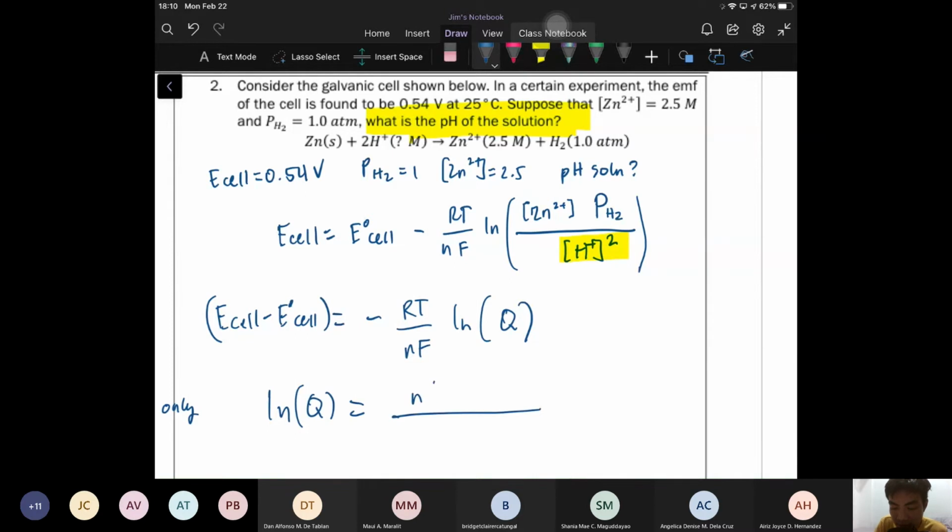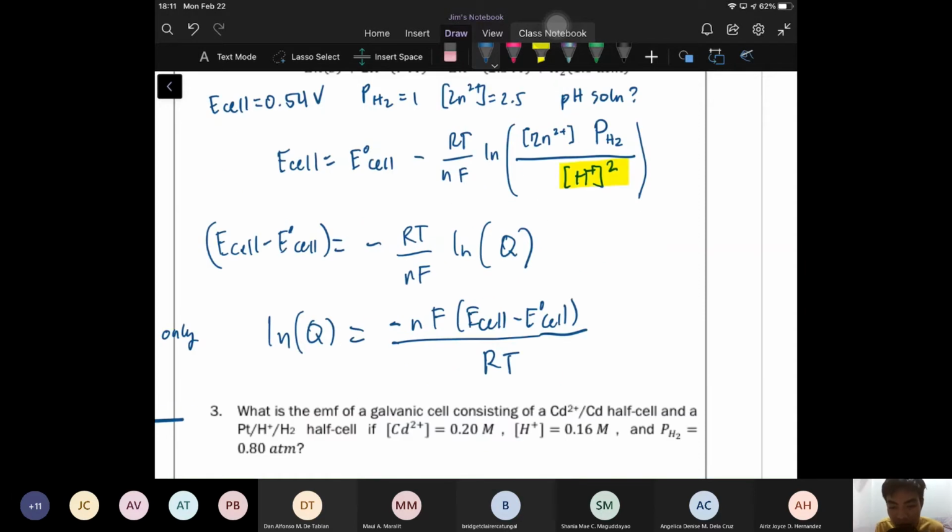Mapupunta sa taas yung NF, pati yung E cell minus E not cell. Nasa baba yung RT. Then, yung negative sign, lipat mo na sa kabila. So, you have your ln Q equals negative NF, parenthesis E cell minus E not cell, over RT.